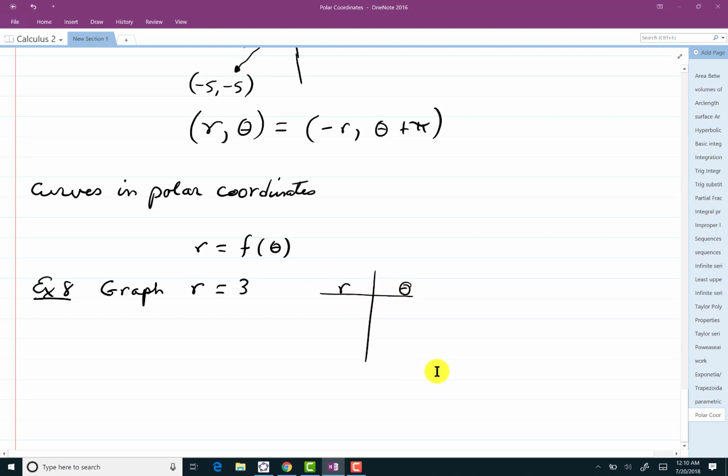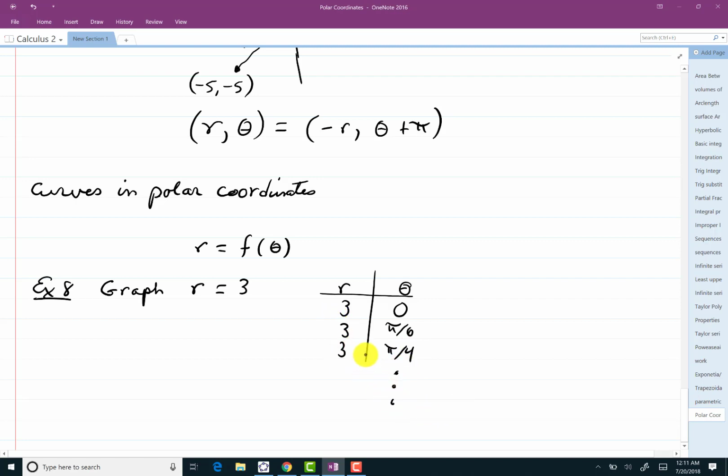If theta is equal to 0, what is r? 3. If theta is equal to pi over 6, what is r? 3. If theta is equal to pi over 4, what is r? 3. It doesn't even matter what theta is.